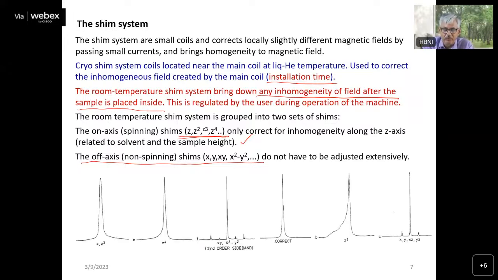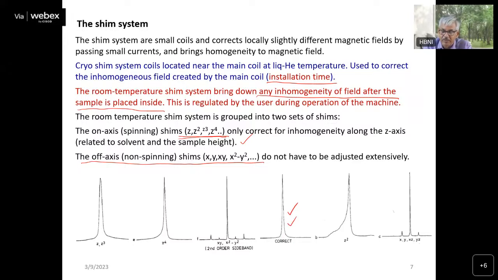See, if you don't adjust the SIMs properly, it affects the quality of the NMR spectra. If your SIM system is correct, which tells about the overall homogeneity of the magnetic field, you will see a very beautiful Lorentzian peak shape.